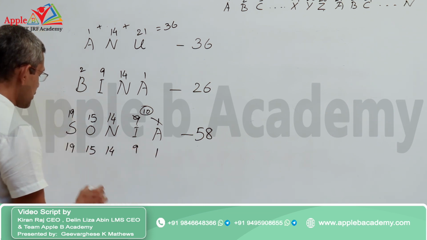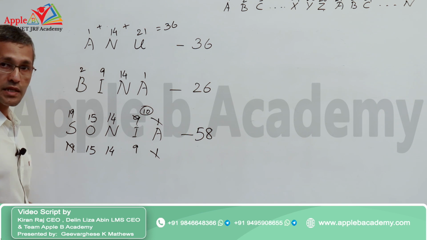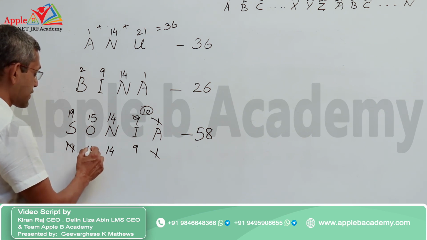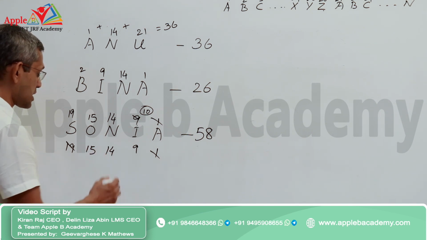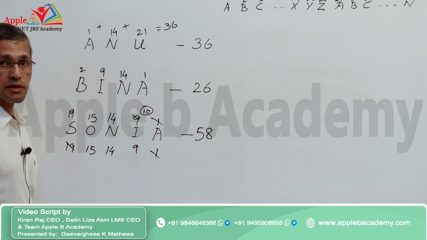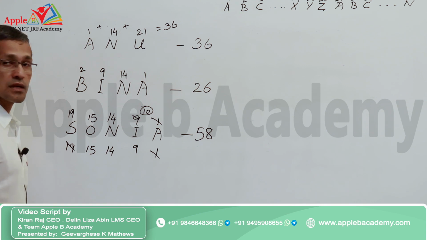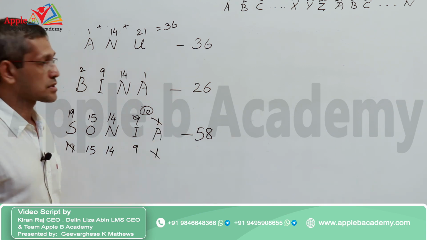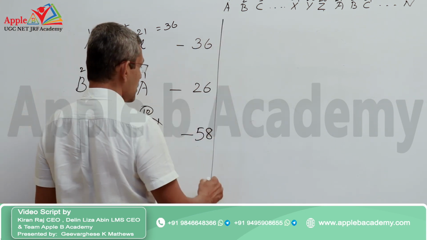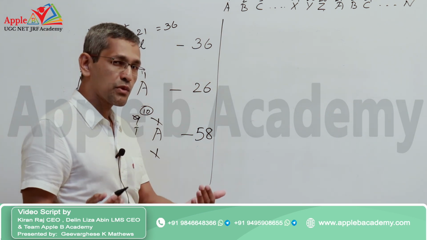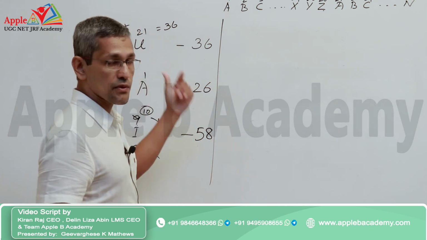So 19 and 1, 20, correct? Then we have 15 plus 14, 29. 29 plus 9, 38. So we have 20 plus 38, 58. Perfectly all right.